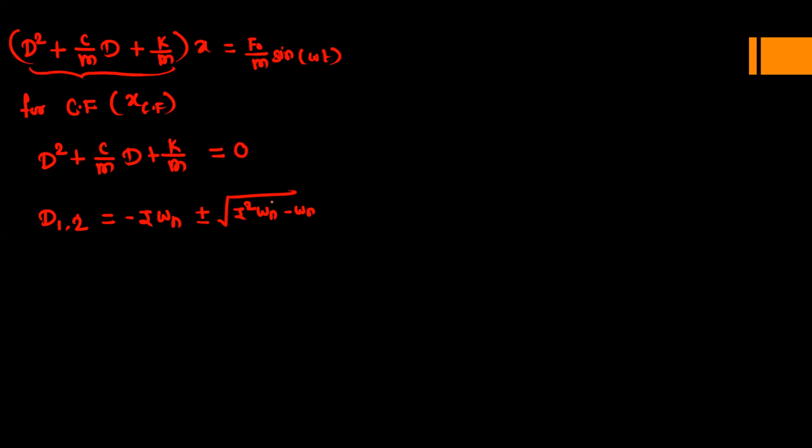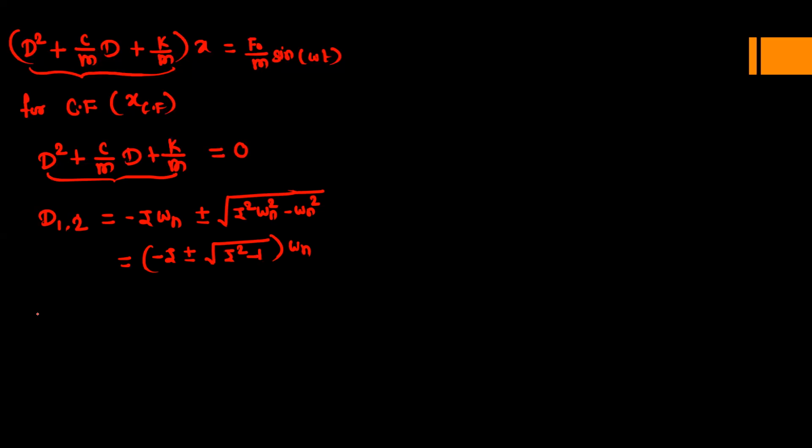Sorry, zeta square omega n square. So this is equal to minus zeta plus or minus square root of zeta square minus 1 into omega n. So these are the distinct roots for this D operator equation, which is called the auxiliary equation.